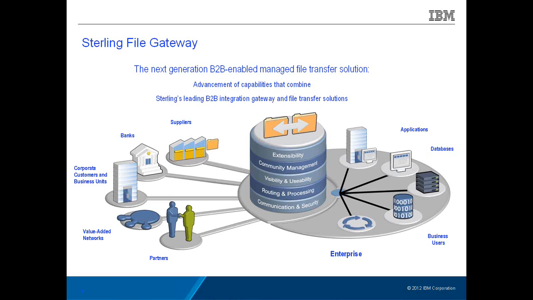So complete visibility of what is going on in the network on Sterling File Gateway is available to the administrator. He could also create various communities, enable communities to create further users, and have administrative rights delegated to a community manager or something like that.